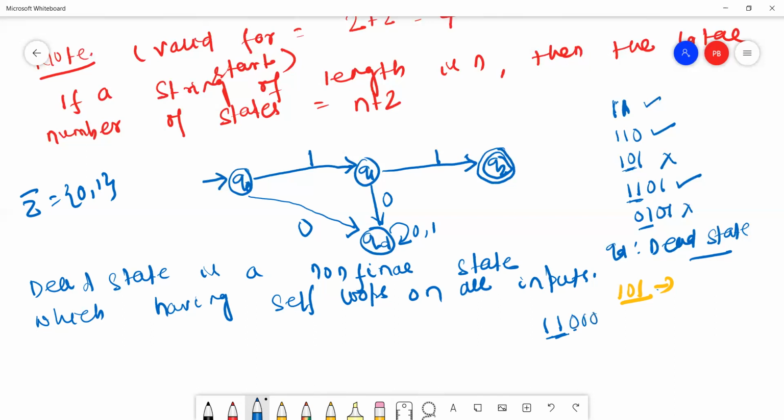It may take more 1s, or any combination of zeros and 1s, like 1 0 1 or 1 0. So that's why I'll keep 0 and 1 as self loops on the final state.